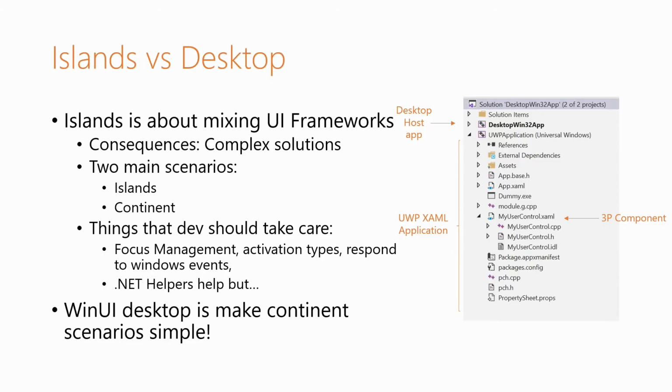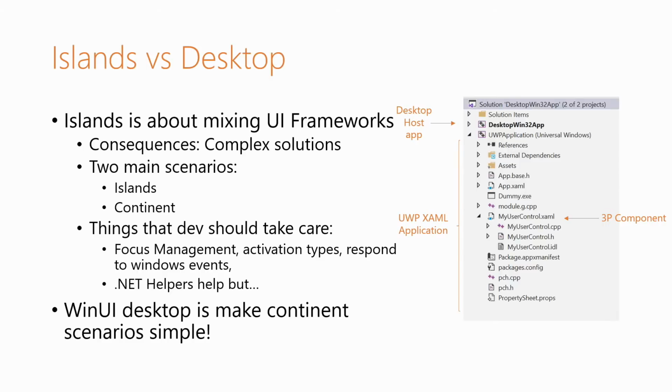For example, focus management, making sure the activation types are okay, and responding to the Windows events, all these things. The .NET helpers that we already have in the Windows Community Toolkit help you a lot to simplify that. But for C++ developers, we don't have these helpers, and even the .NET helpers have some gaps that are not covering some specific scenarios.